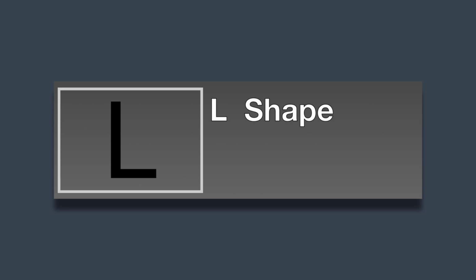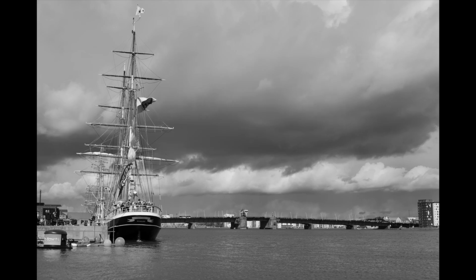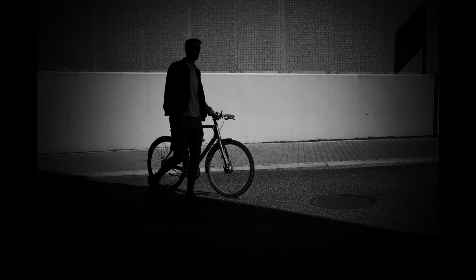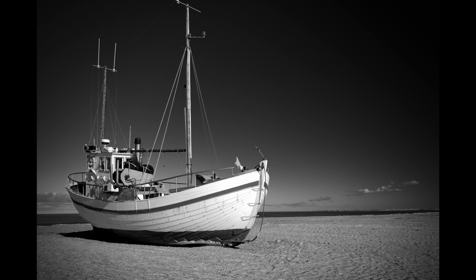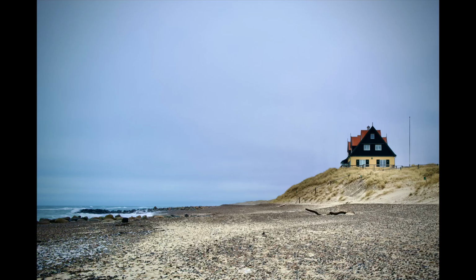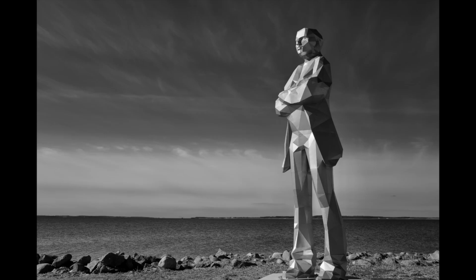The L-shape. The L-shape gives your pictures stability, and the combination of the vertical and horizontal perspective can create harmony and a dynamic feeling. The L-shape will make the viewer's eyes go on a discovery in your picture.